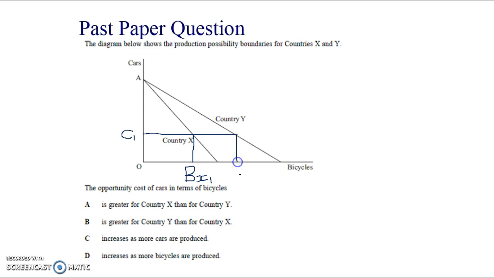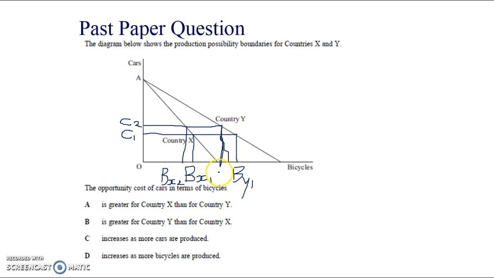And then for country Y, this is BY1. If we produce one more car, so we go to that point, C2, we can see that we've had to give up BX2, and we can see that it was going to be a bigger gap.